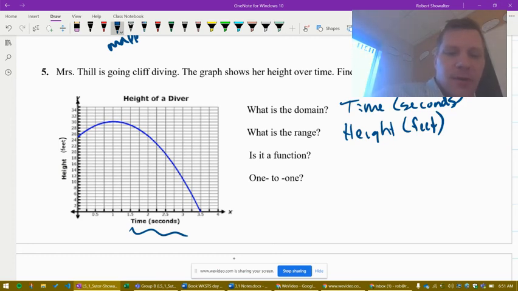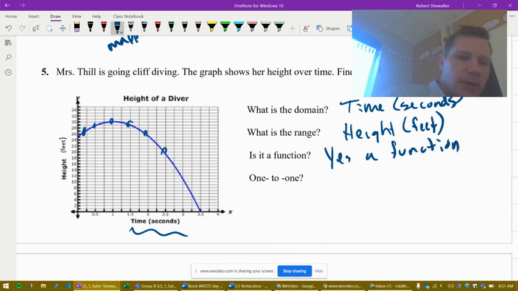Is it a function? For each second that she goes cliff diving, is there only one y value? If she goes cliff diving right here, at that second, there's only one value for each one of these x values I'm pointing out. Therefore, yes, it's a function.